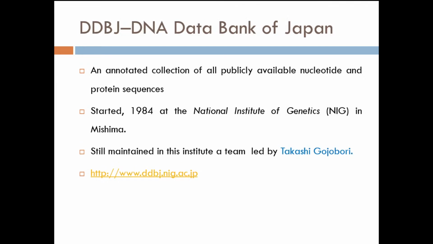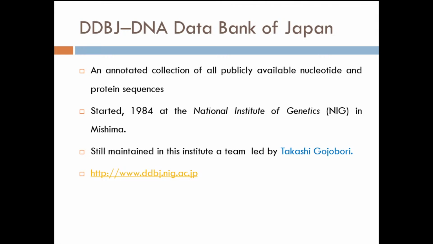The third is DDBJ, DNA Data Bank of Japan. The definition is same for all: the annotated collection of all publicly available nucleotide and protein sequences. It was started in 1984 at the National Institute of Genetics in Mishima, Japan, and is still maintained in this institute, by a team led by Takashi Gojobori, and this is the URL to access the DNA Data Bank of Japan.